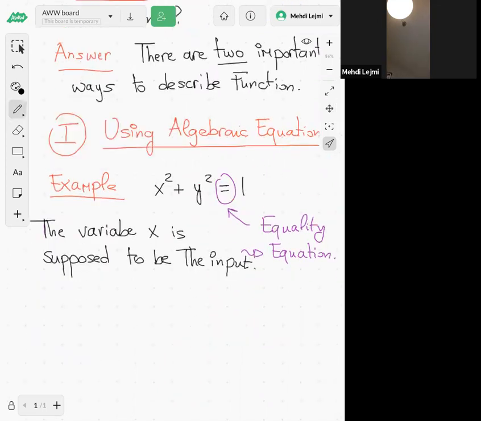This is our convention, right? Whenever you have x and y, x always represents the input and y represents the output.